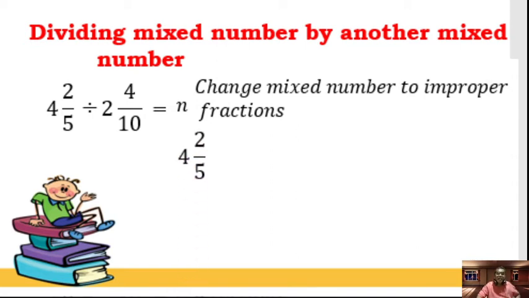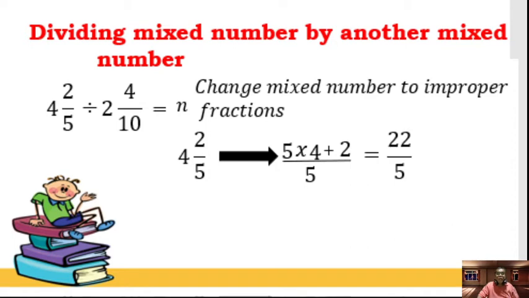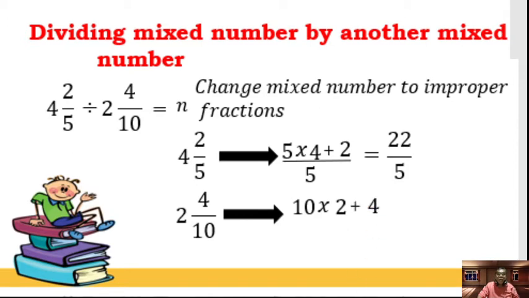And that is 4 and 2/5 will become 5 times 4 plus 2 over 5, and that is equal to 22 over 5. Next is 2 and 4/10 will become 10 times 2 plus 4 over 10 equals 24/10.